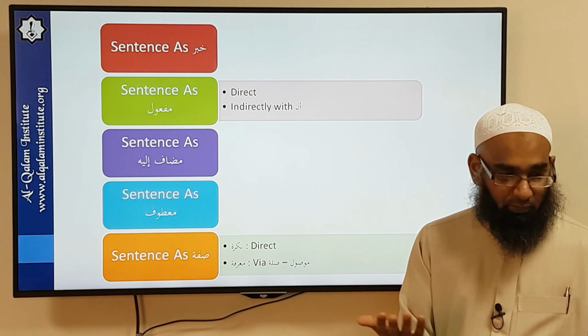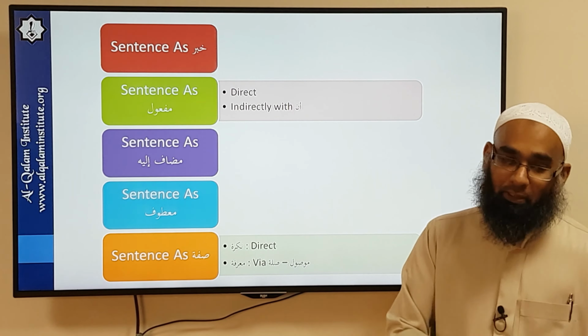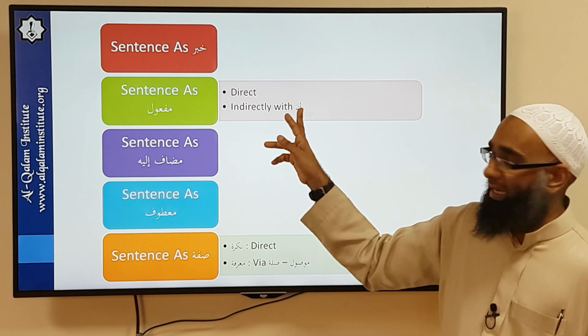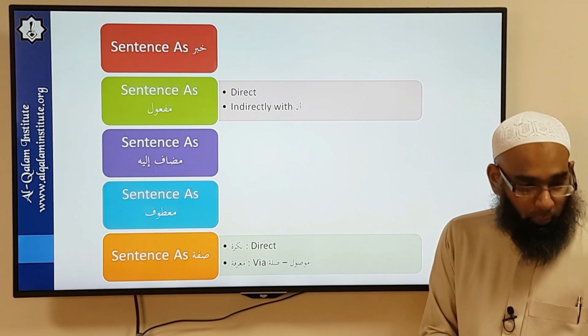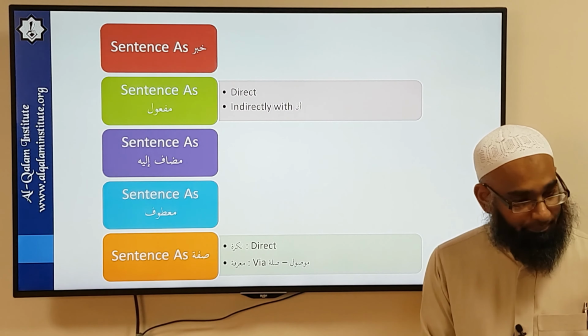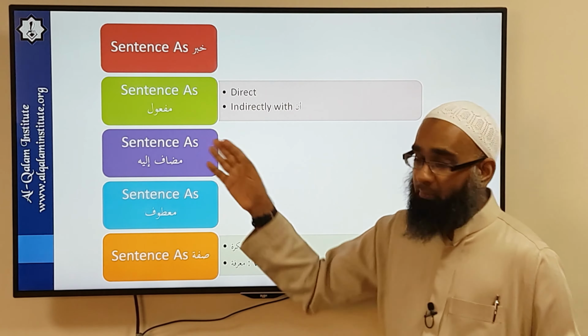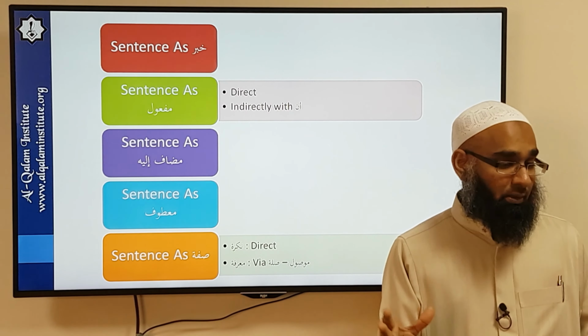For example, he intended. What did he intend? He intended to do something. So the whole sentence becomes a maf'ul, and we have to add the word in. A sentence comes as mudaf ilayh when you have a word like yawma, idha or lamma. Any of those words become mudaf and the sentence becomes mudaf ilayh.